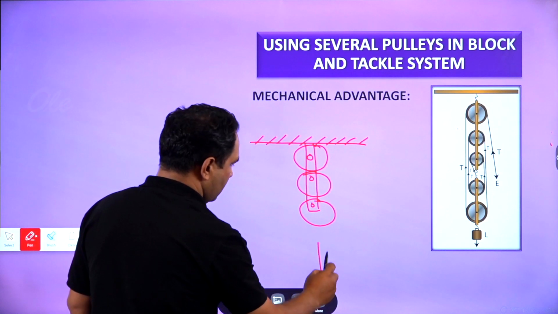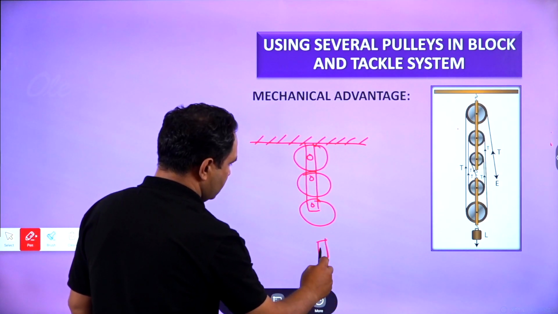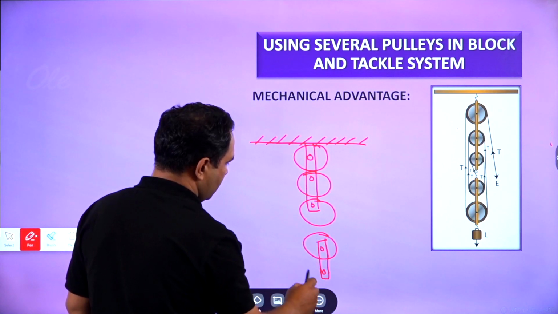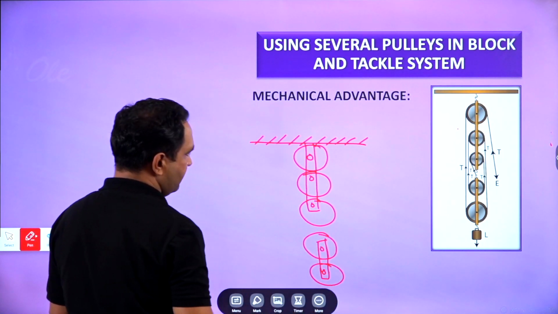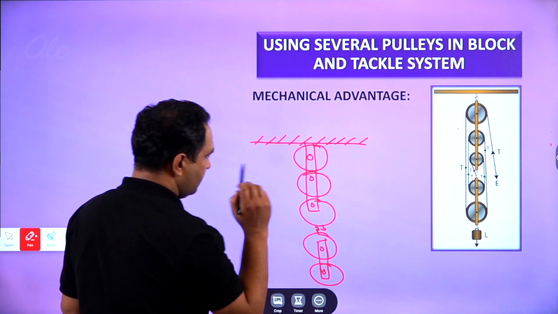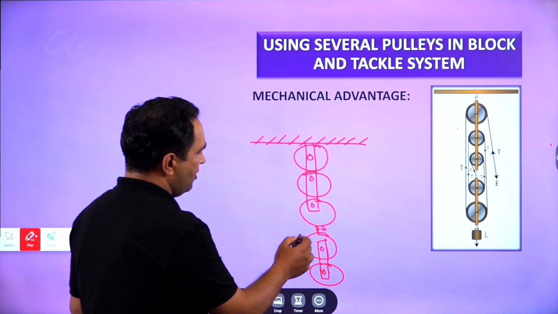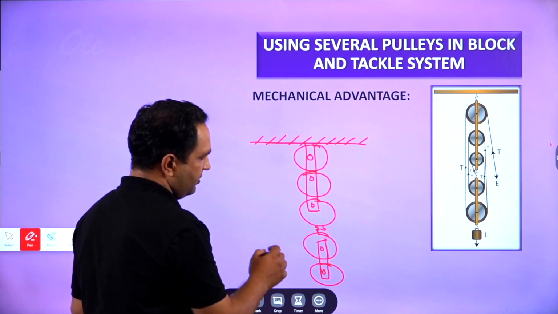Okay. And at the lower part, there are 2 pulleys. First, second. This is the first pulley. This is the second pulley. Okay. And now, hook. It is a hook.